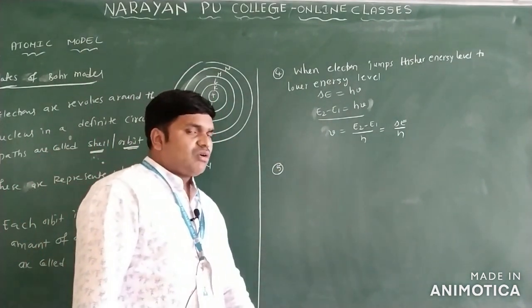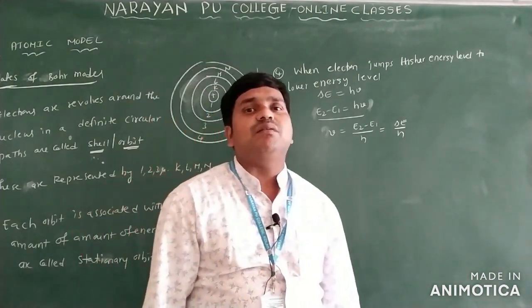Now we can see the next postulate in this Bohr model only. Whenever the electrons revolve around the nucleus, it is having some angular momentum only.